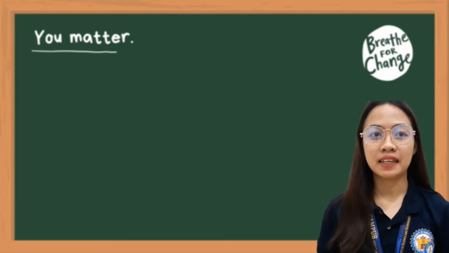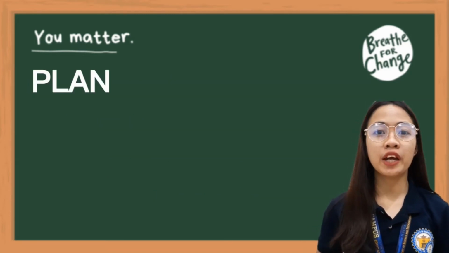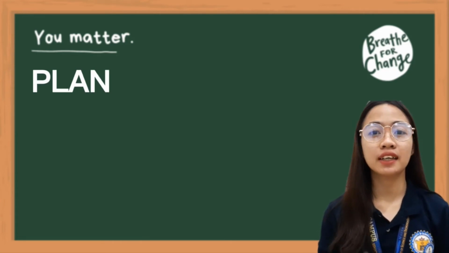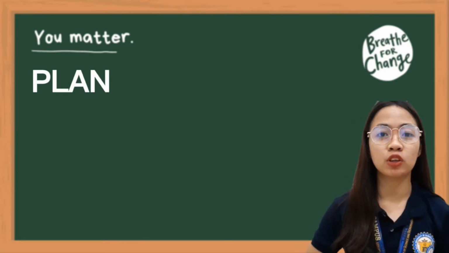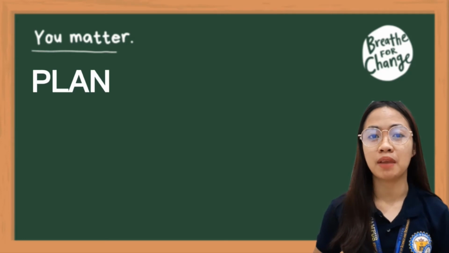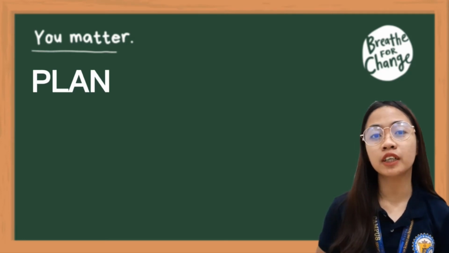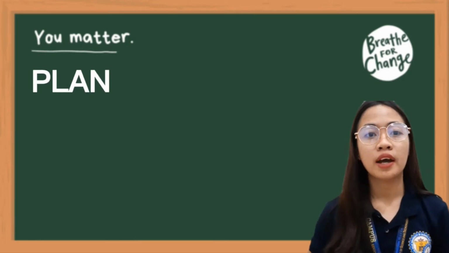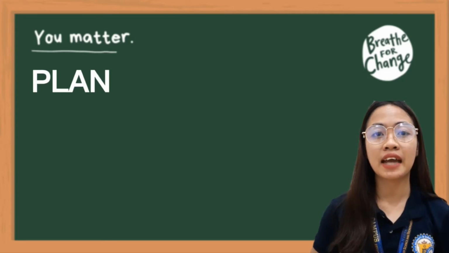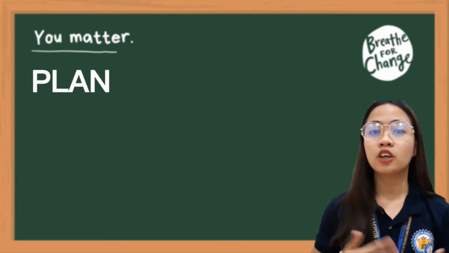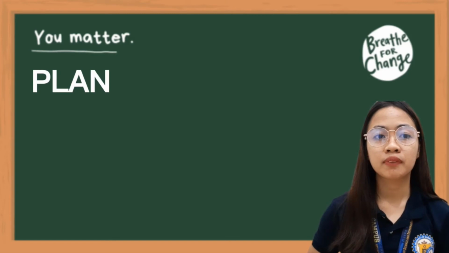Fourth step is the plan. In this step, we are going to have strategies, techniques, or the step-by-step method on how we are going to solve the problem. So what are we going to do first and what are we going to do next? This serves as the guide or the flow in solving the whole problem.